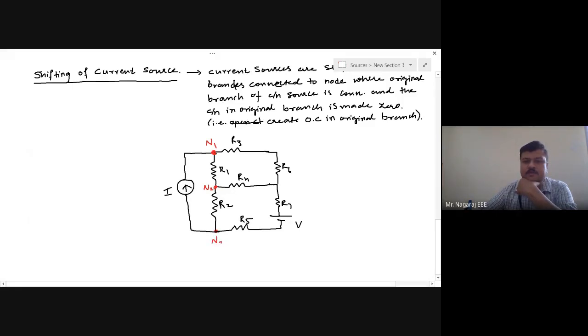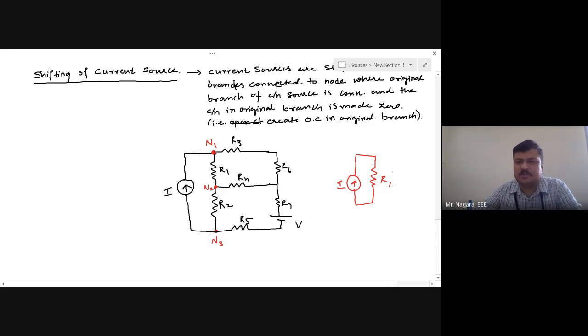Now the current source is not in parallel to either R1 or R2 alone. It is in parallel with R1 and R2 in such a way that R1 and R2 are also in parallel. If a current source were in parallel to a particular resistance R1, is there any difficulty in converting or reducing this?